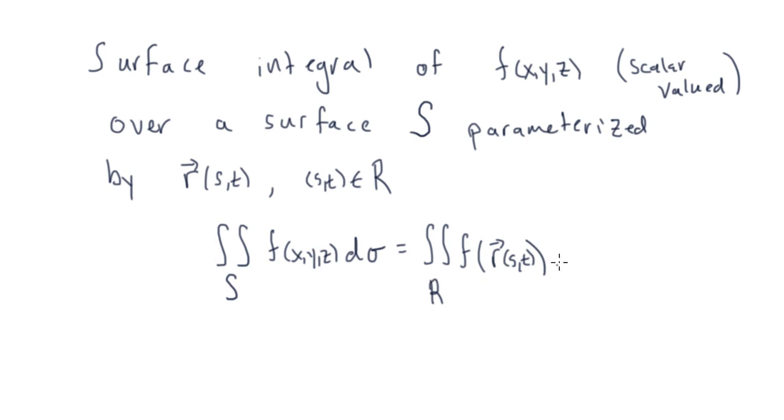And then just multiply by d sigma, which, since we have parameterization, is just the magnitude of r sub s cross r sub t, and then dA, which will be ds dt. Okay, so it's just a nice generalization of both a line integral and also of a double integral, just merging those things together.